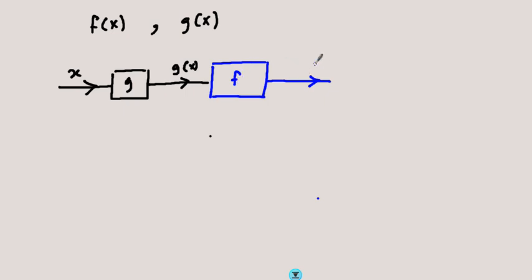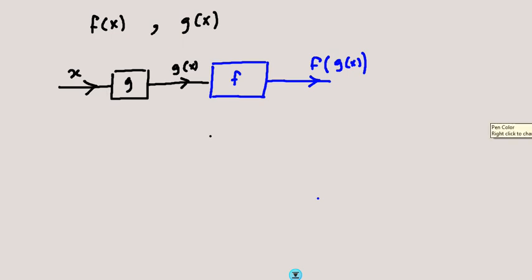So the output would be, rather than f of x, it's f of the input, so it's f of g of x. And this is the composite function. This is how we say that it's a composition of g and f.